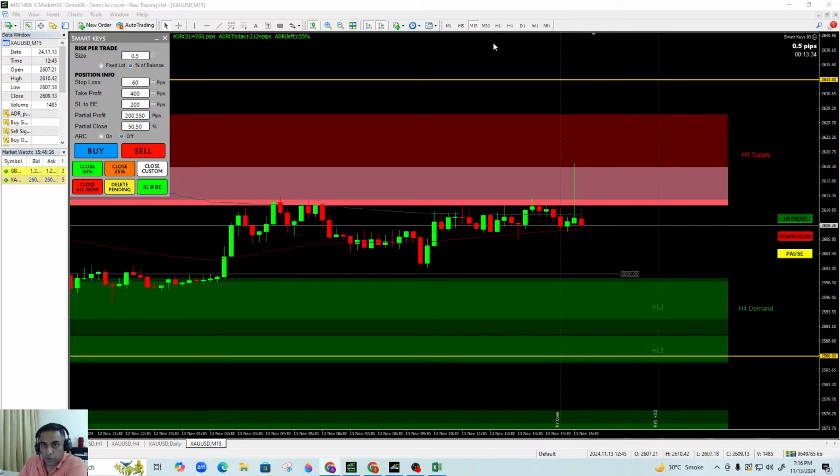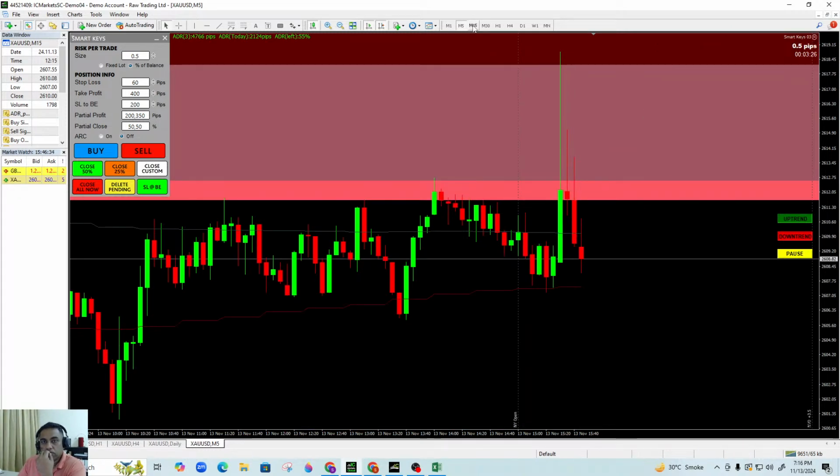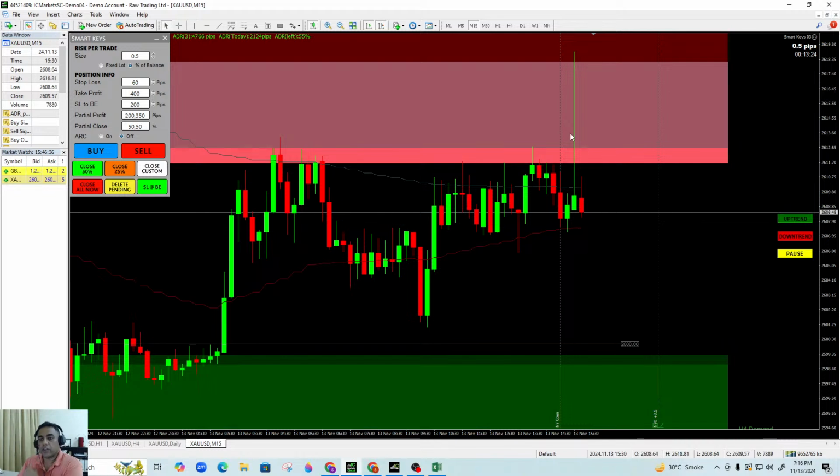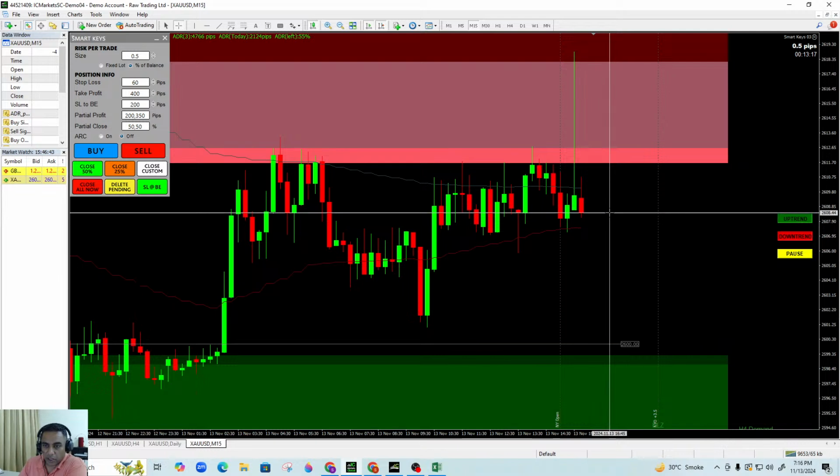Where are you going to put your stop loss if you buy? So you've got to wait. Can't sell. You need an M15 candle to close back in our direction to be able to sell. If the daily is to flip bearish, then we need an M15 candle to close in our direction to sell.